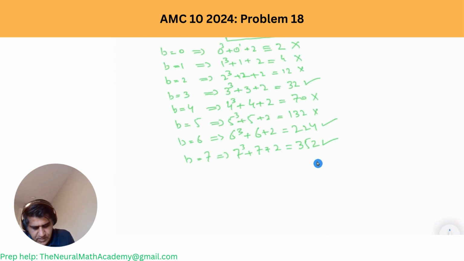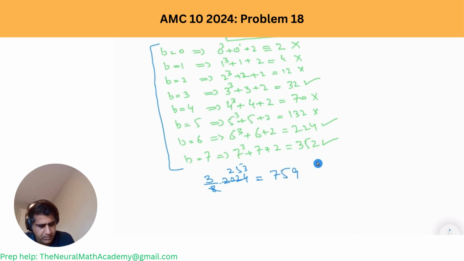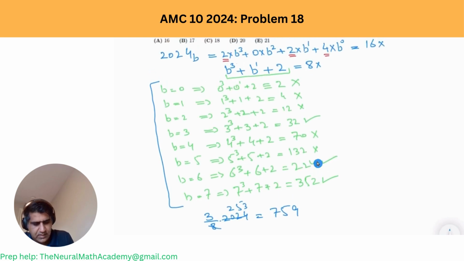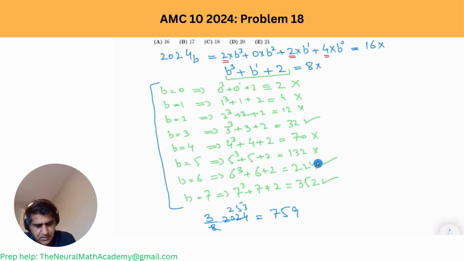Okay, so based on our work, out of these 8 numbers, 2024 is divisible by 3, right? So now we can find all the numbers by simply dividing 3 by 8 and multiplying by 2024. That would give us 253, and if we multiply, then we get 759. However, we should keep in mind that the range that we are given is b greater than or equal to 5 and less than 2024.